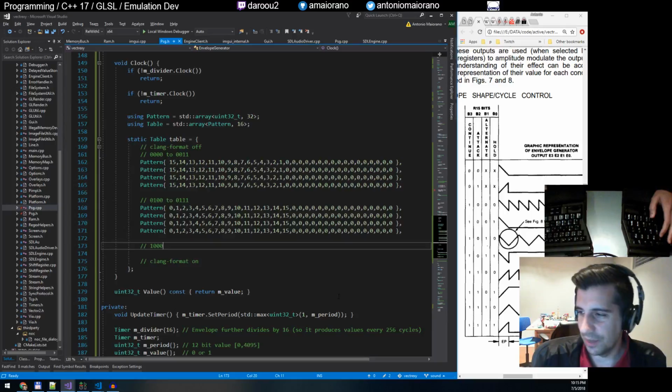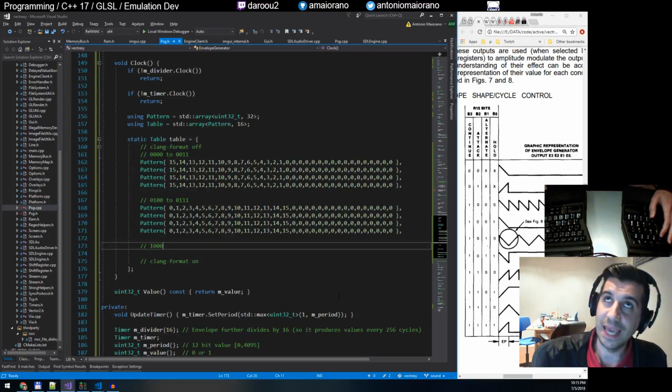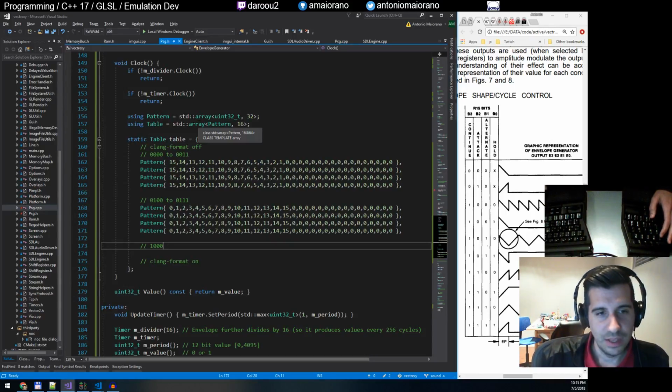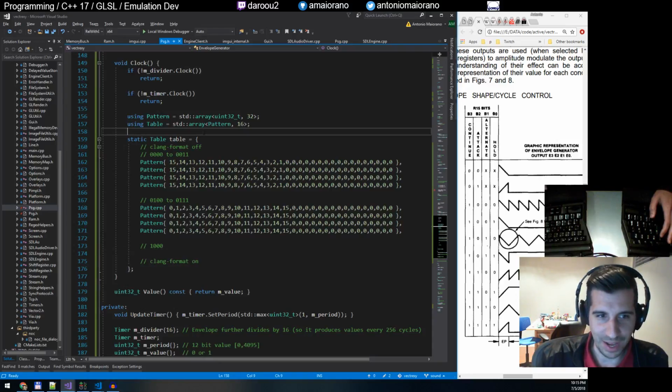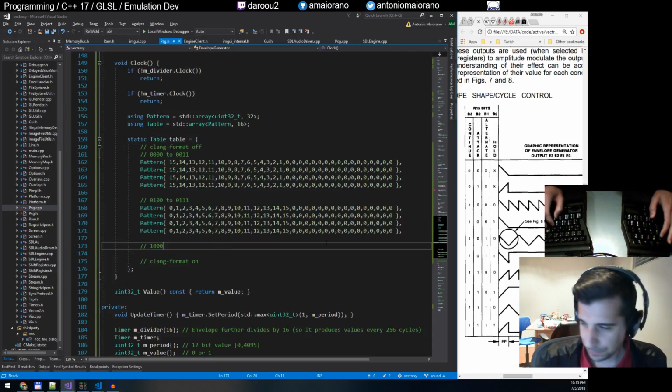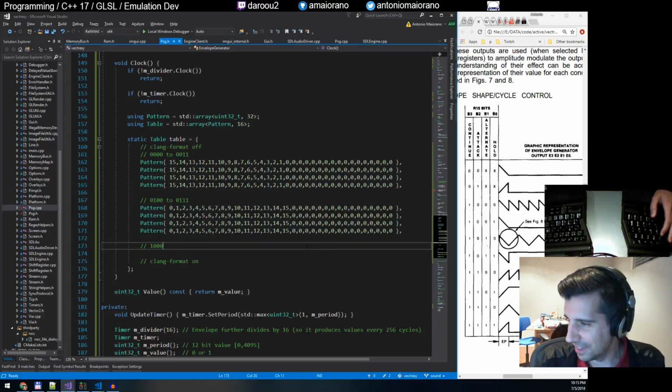Because C-style arrays decay to pointers, which is really a big mess. If you pass them to a function that takes a pointer, it'll decay, and you have to pass a size. Std array has its size in there. There's basically nothing wrong with std array, and everything is wrong with C-style arrays. So Pyro, if you're working in C++11 and up, use std array.